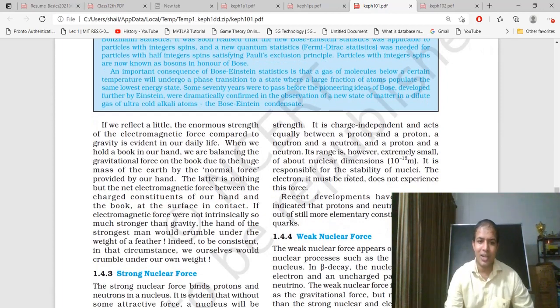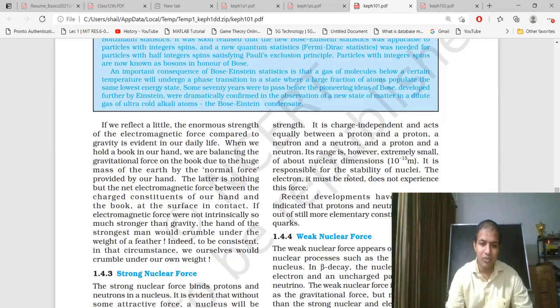If we reflect a little, the enormous strength of electromagnetic force compared to gravity is evident in our daily life. When we hold a book in our hand, we are balancing the gravitational force on the book due to the huge mass of the earth by the normal force provided by our hand. The latter is nothing but the net electromagnetic force between the charged constituents of our hand and the book at the surface in contact.